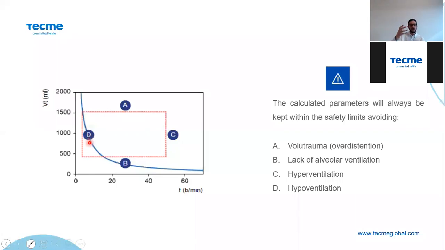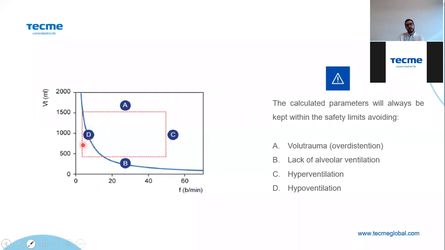According to compliance, frequency, resistance and the expiratory time constant, the ventilator will calculate this frequency and the volume in order to deliver to the patient the preset minute volume.